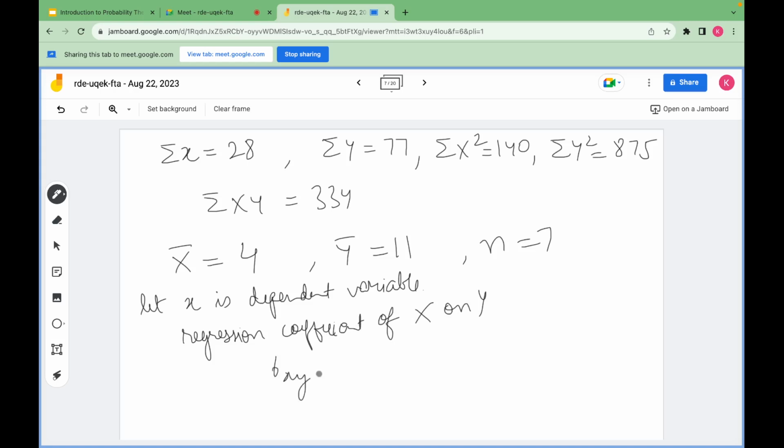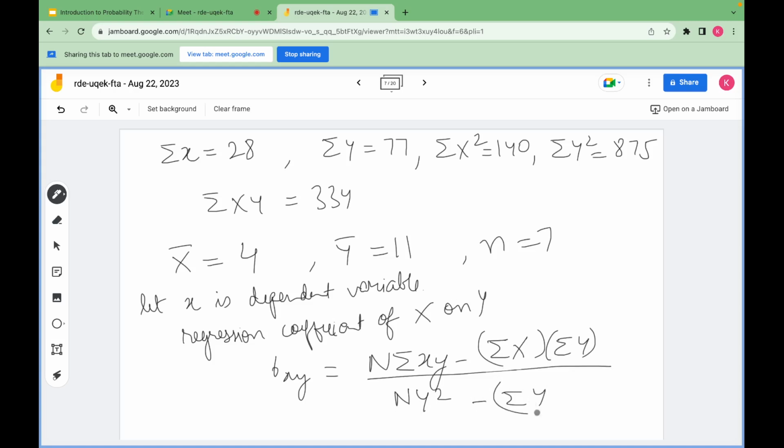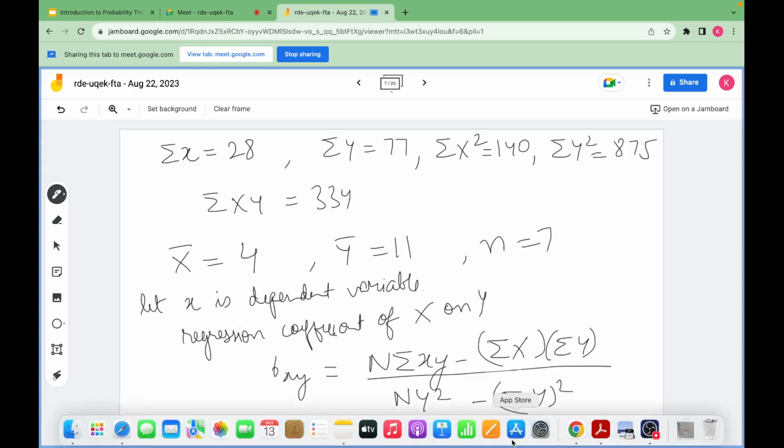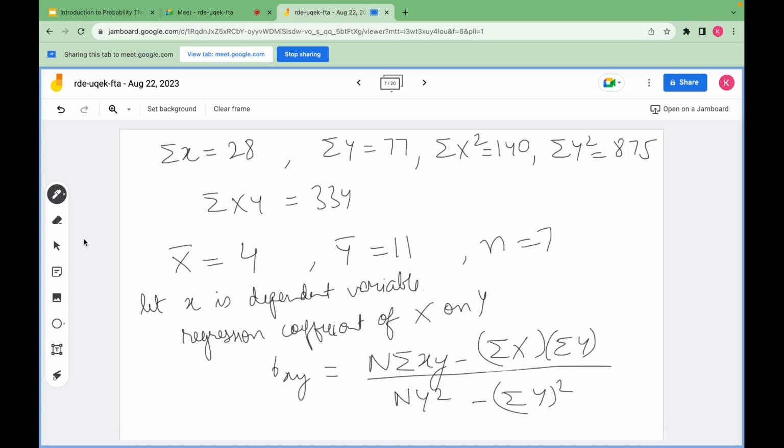So this will be n sigma xy minus sigma x into sigma y, divided by n sigma y square minus sigma y whole square.